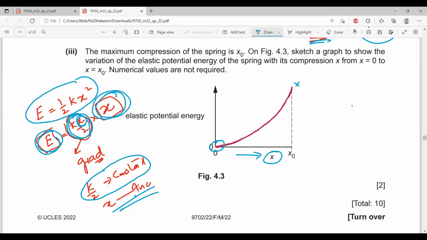Energy is equal to 1 by 2 kx square, which is 1 by 2 kx times x. So one of the x is plotted on the x-axis, and the other part, kx divided by 2, becomes the gradient when the graph is plotted between E and x. So k constant, 2 constant, x, this compression, is increasing, hence the gradient is increasing. So we have to draw here an increasing gradient line.